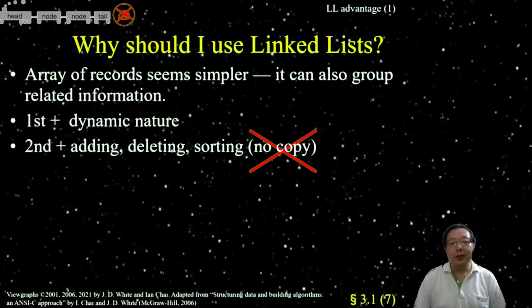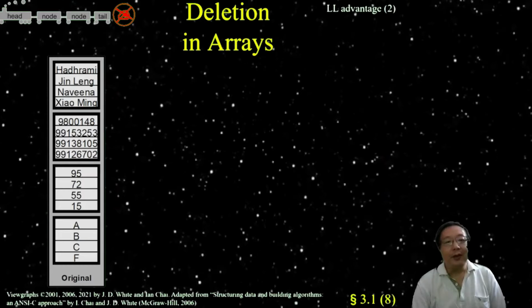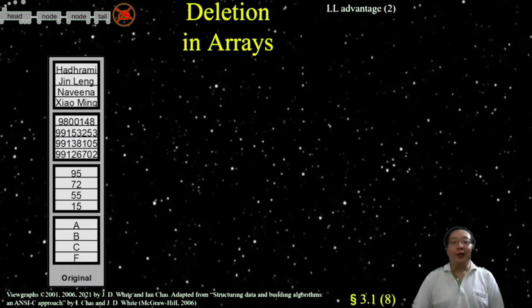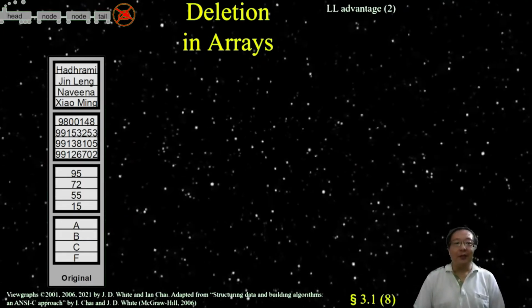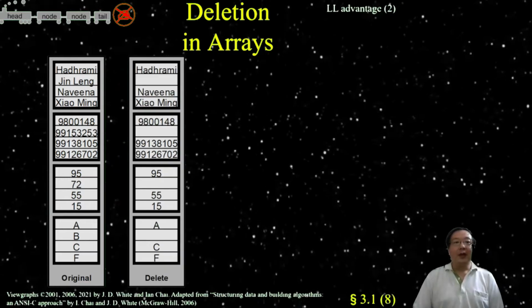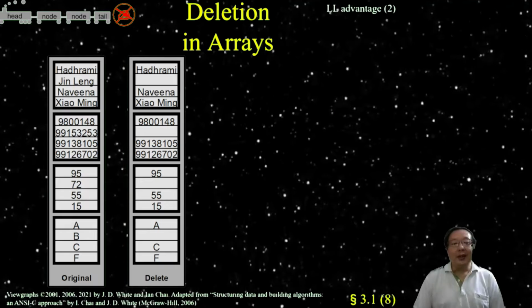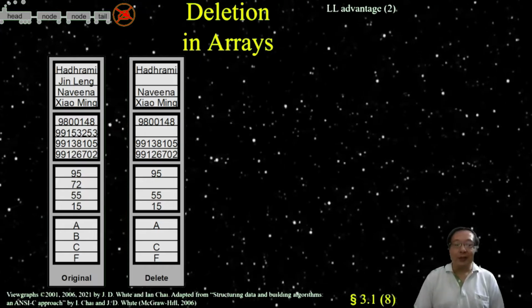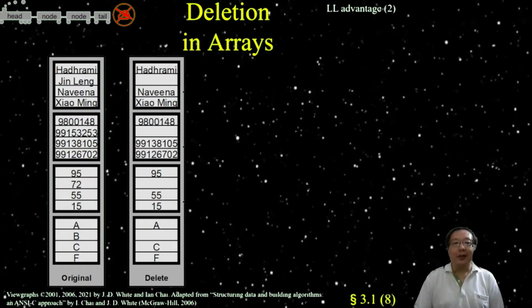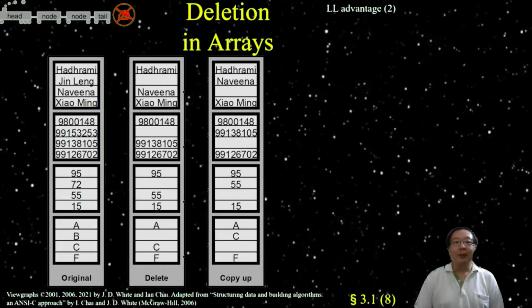Let me show you. If you have an array, and we wanted to delete something from this array, let's say we want to delete Jin Ling. When I delete him, there's a blank there, which is not acceptable. So you have to copy Navina's information up one step.